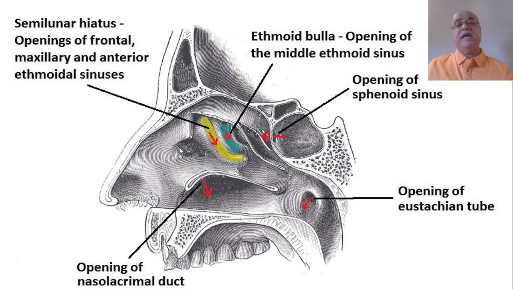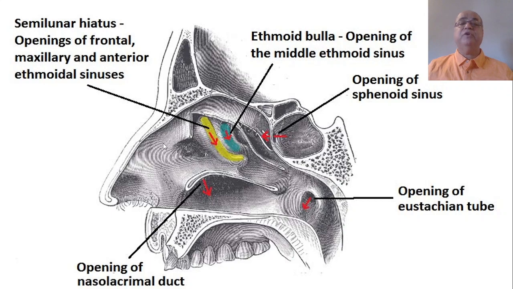Now the hiatus semilunaris, this yellow colored hiatus semilunaris, is two-dimensional, defining the extreme medial opening of the infundibulum. It is the most medial and downward, lower part of the infundibulum.